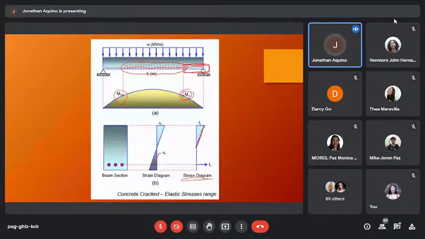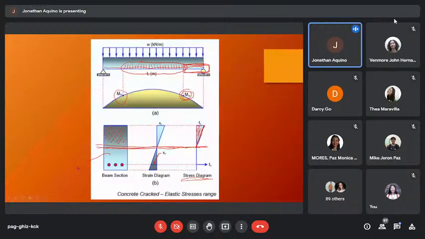So makita nyo dito, yung compression part is yung half lang, portion lang nung beam. Ito lang yung compression part niya. Then all the concrete below the centroid or below the neutral axis of the beam is wala siyang tulong sa capacity.